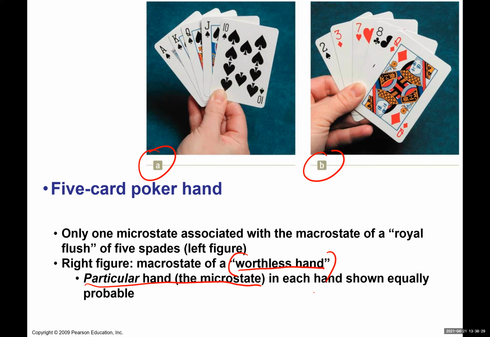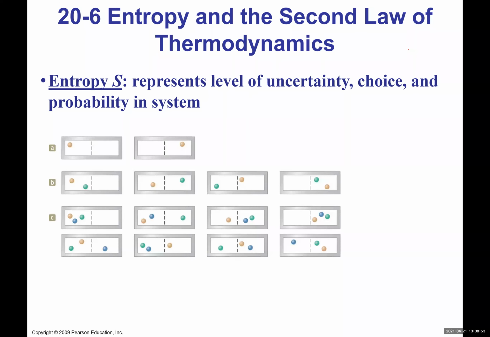Then you can again break it down in terms of uncertainty, choice, and probability: the probability of getting a royal flush compared to the probability of getting just a worthless hand. The reason we talked about that is because entropy, which we represent as a capital S, represents a level of uncertainty, choice, and probability in a system.